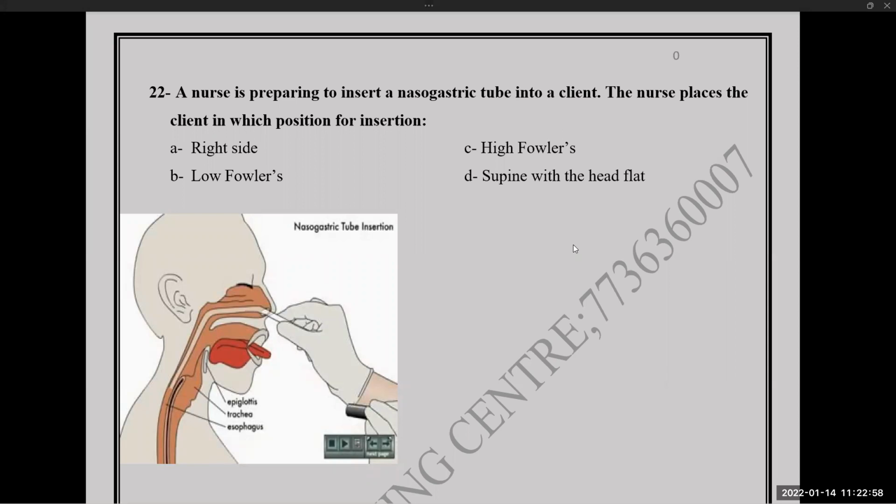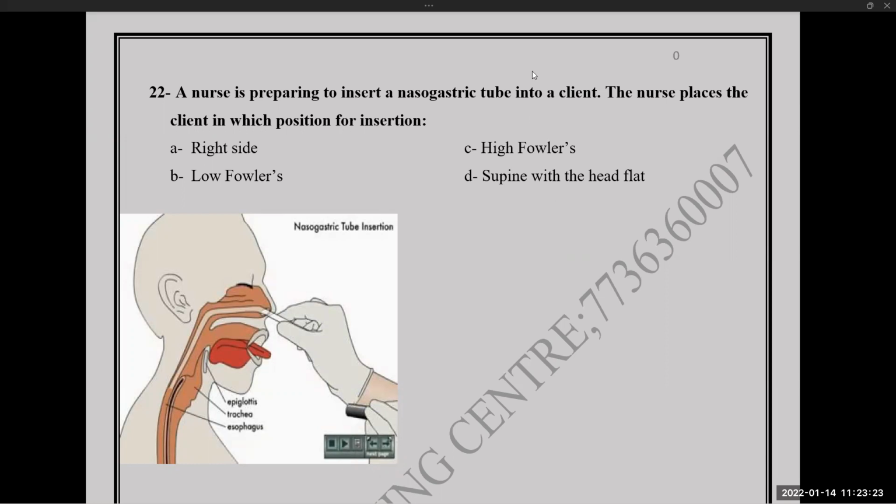If the patient is not able to take orally, if the patient has an aspiration tendency or a tendency to choke, or post-gastric surgery to drain the secretions, there are multiple reasons to insert a nasogastric tube. Please listen to my question.